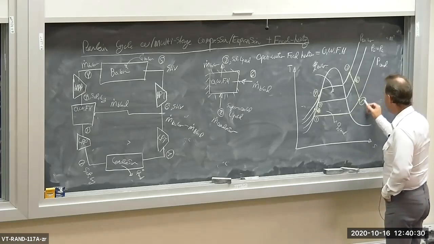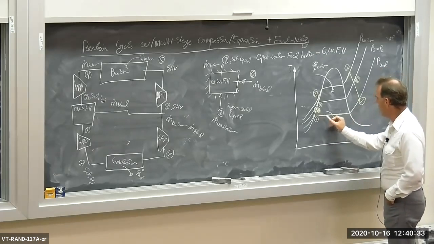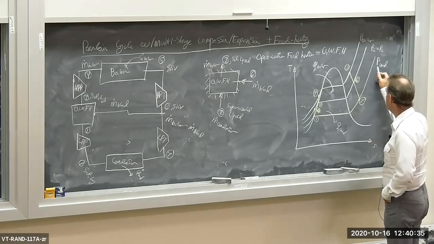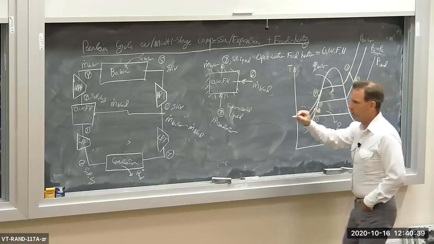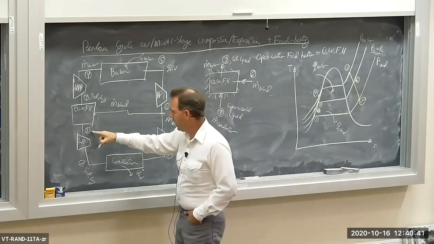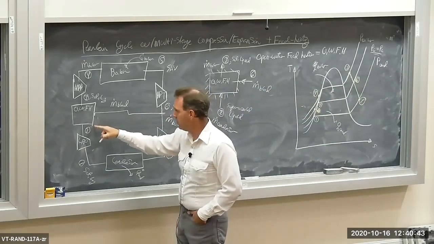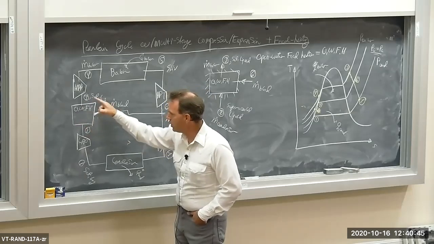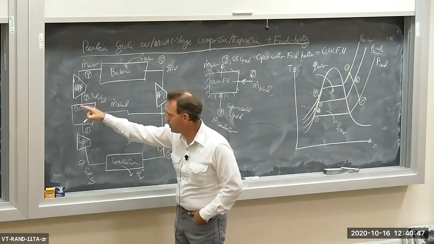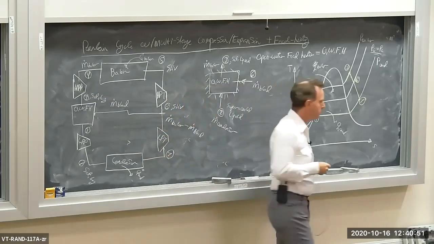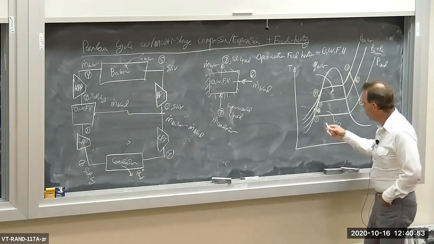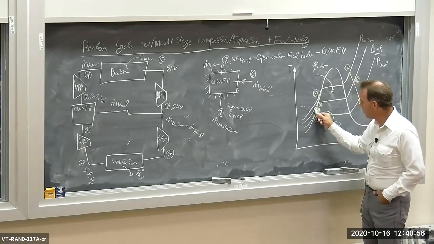So here's your P1 isobar, which is your condenser pressure. We have an intermediate pressure, which is P2 and P6, by the way. We have isobaric mixing in this feed heater, so P2 and P6 are the same.